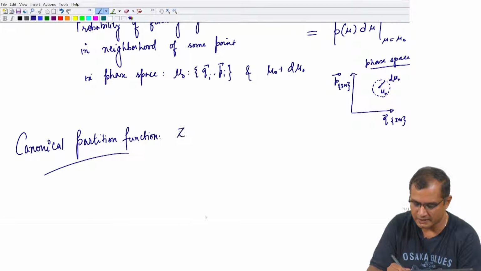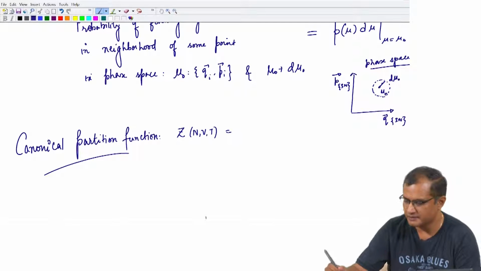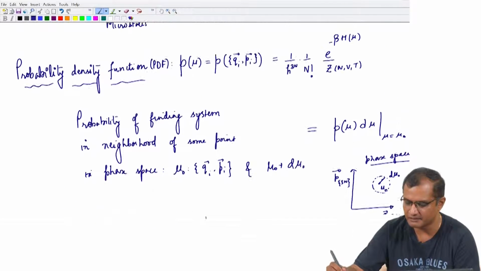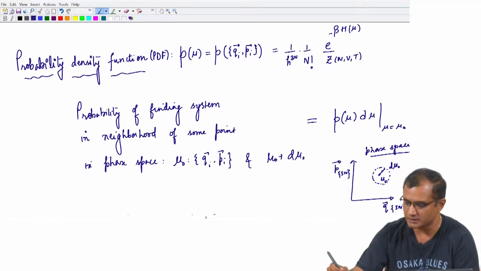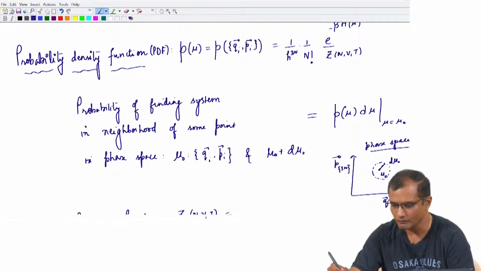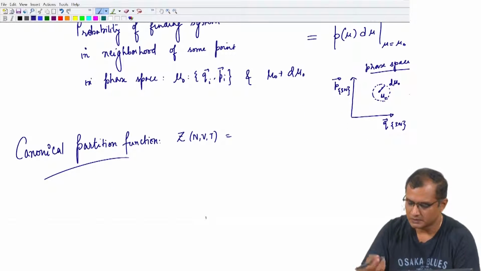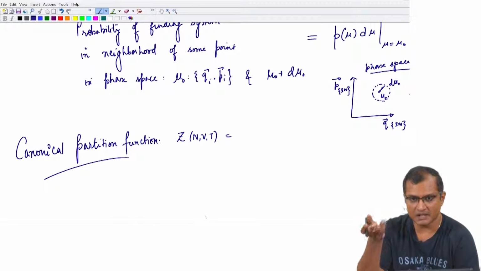So, this partition function, by the definition of p of mu that I have taken, is simply the norm of this, which is nothing but the partition function that normalizes our PDF.